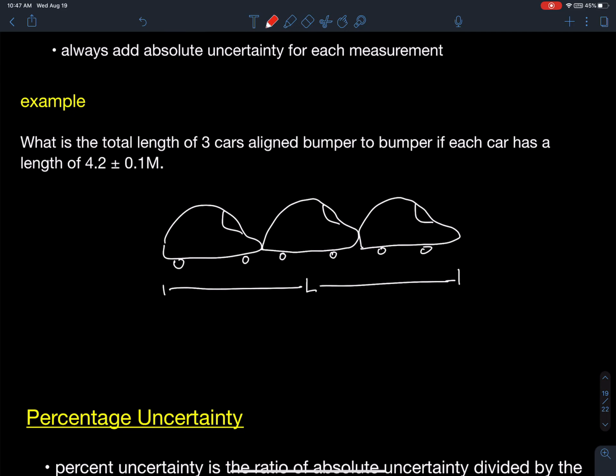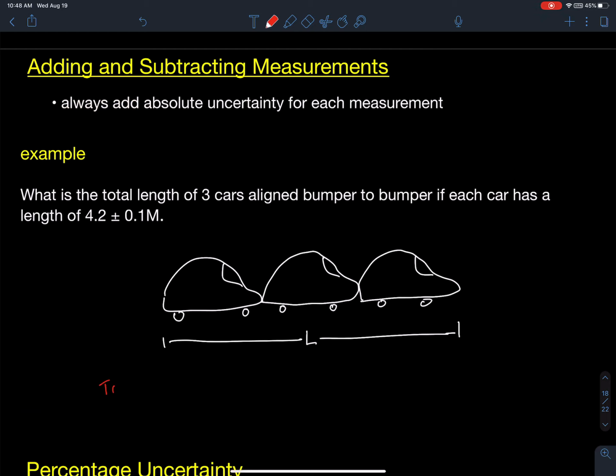So the total length is equal to 4.2 meters plus 4.2 meters plus 4.2 meters, which is going to be equal to 12.6 meters in total.